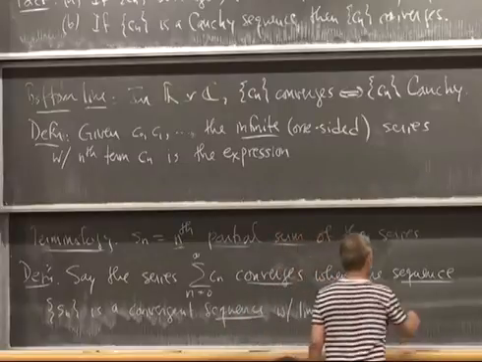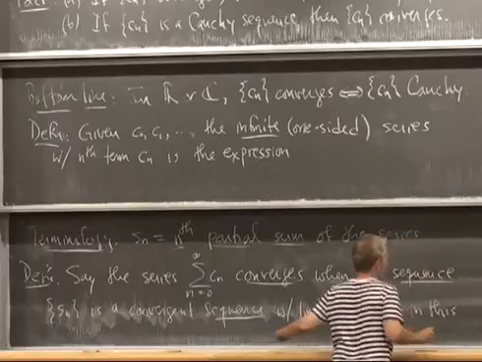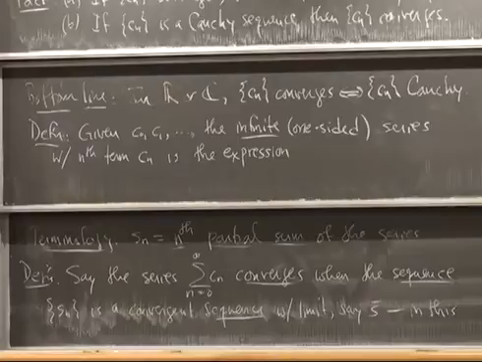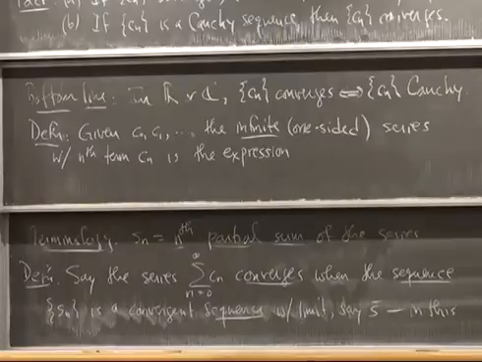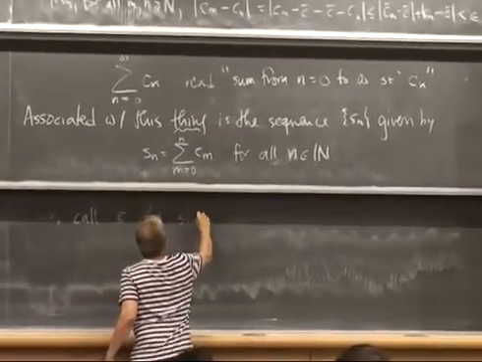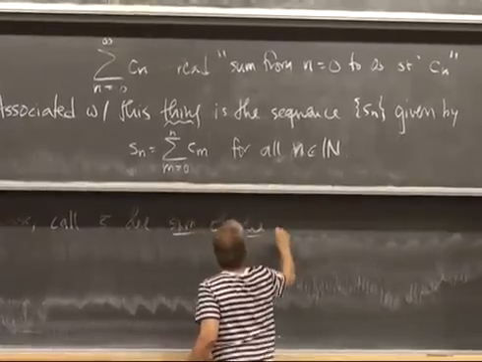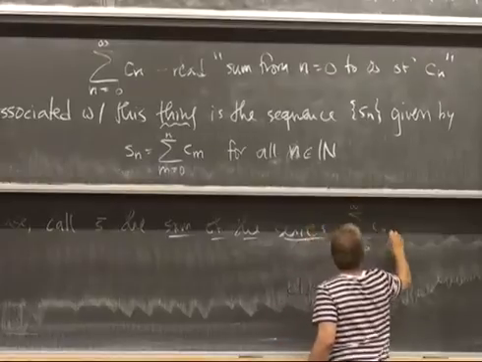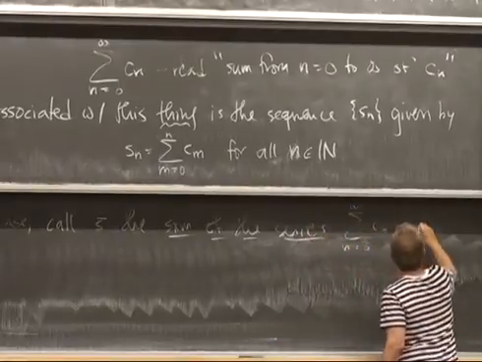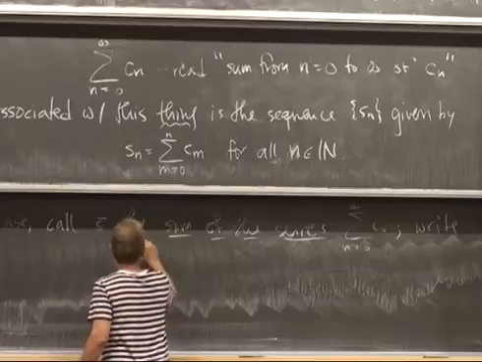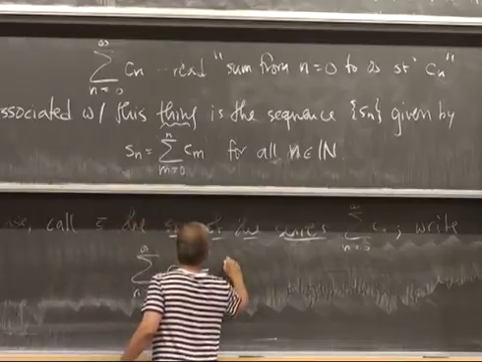In this case, we call S bar the sum of the series, sum from n equals 0 to infinity of c_n, and we write this: sum from n equals 0 to infinity of c_n equals S bar.